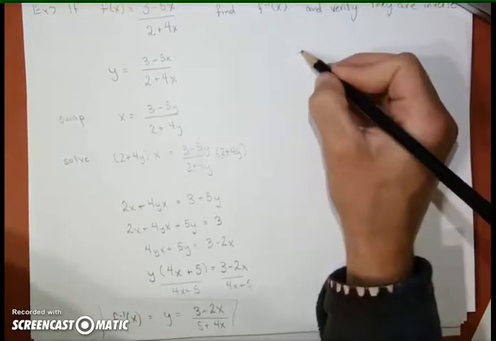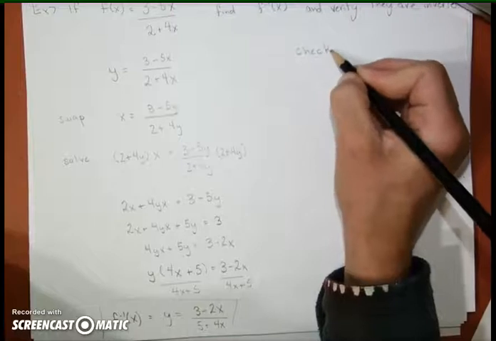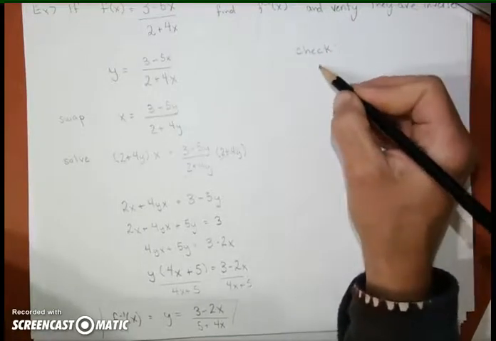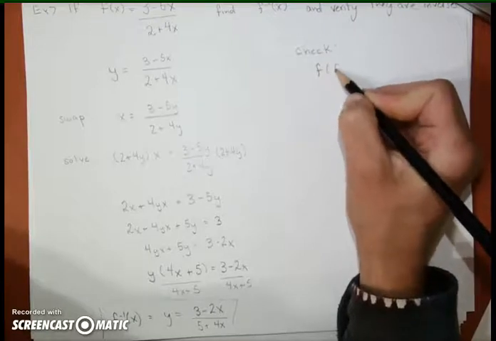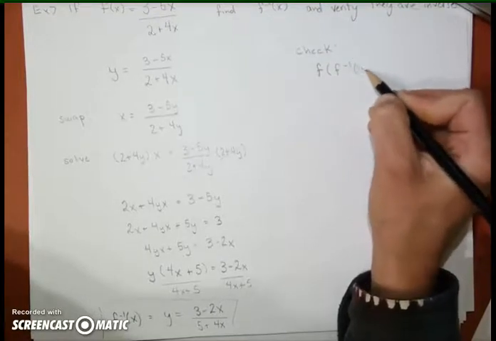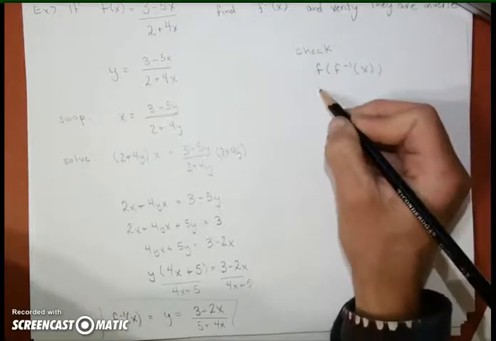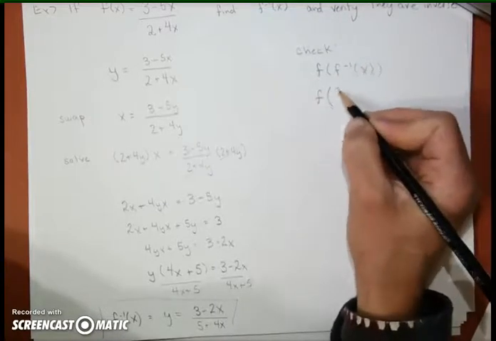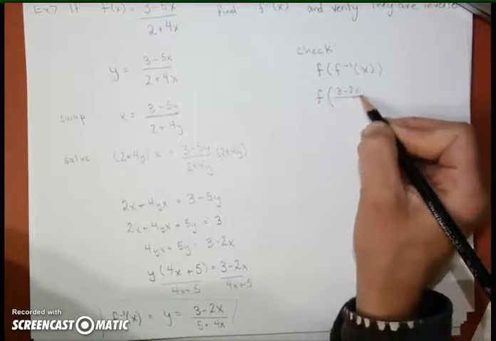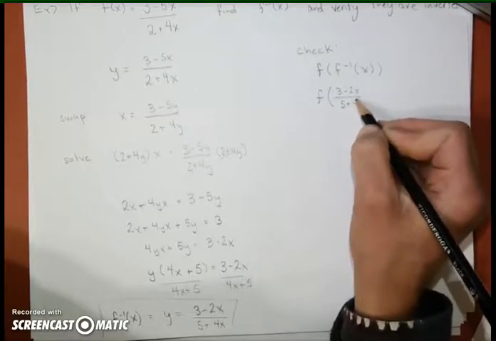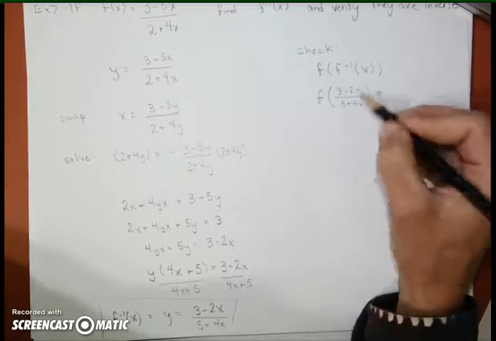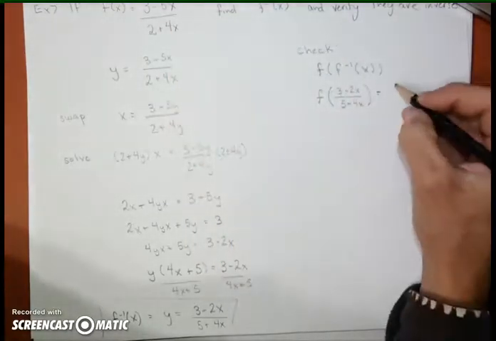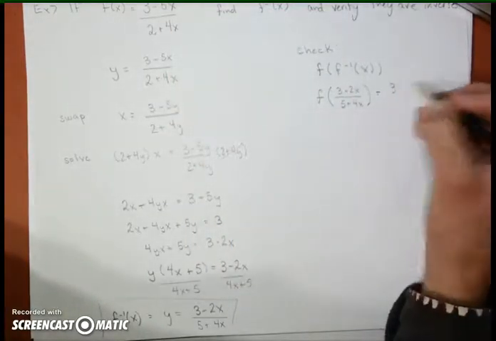Now I need to check that they're inverses, and I'll just check one direction and have you check the other. So we'll do f of f inverse of x. So I'm doing f of 3 minus 2x divided by 5 plus 4x. And so that means I'm plugging this into the f function. So you just need to be really neat and careful here.